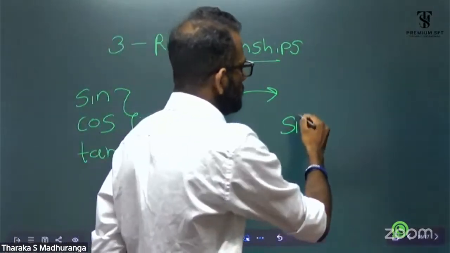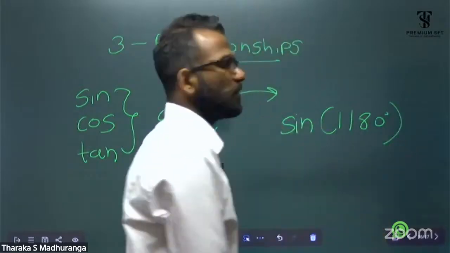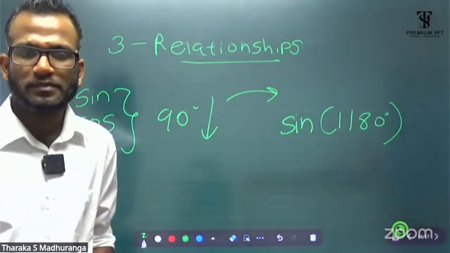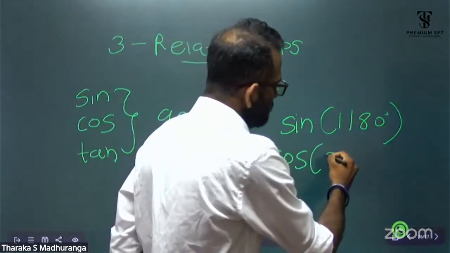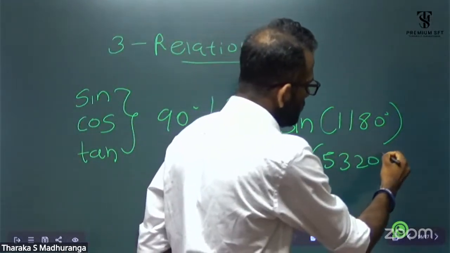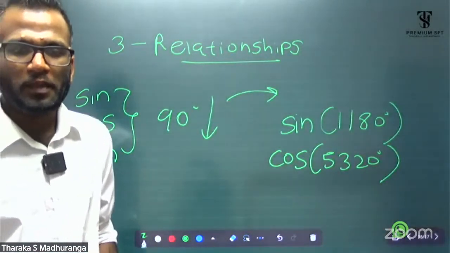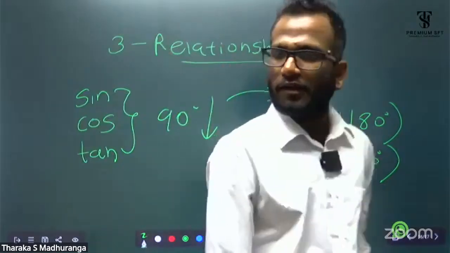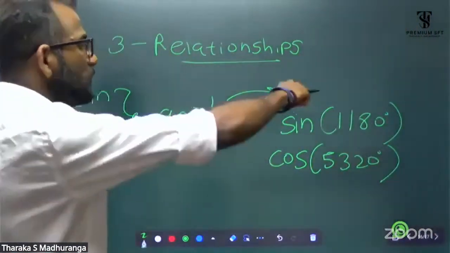Make sine 1180 degree. Can anyone say the value? Cos 5320 degree. Can you say? We can discuss all these parts next week.